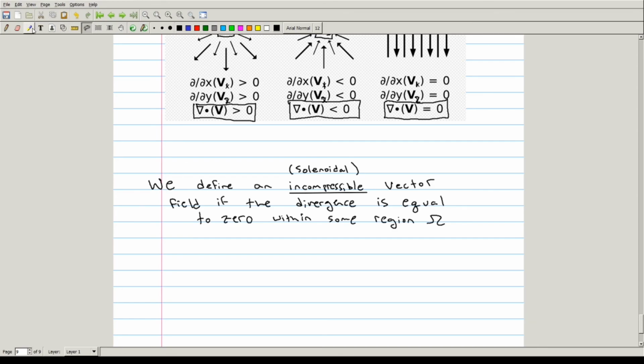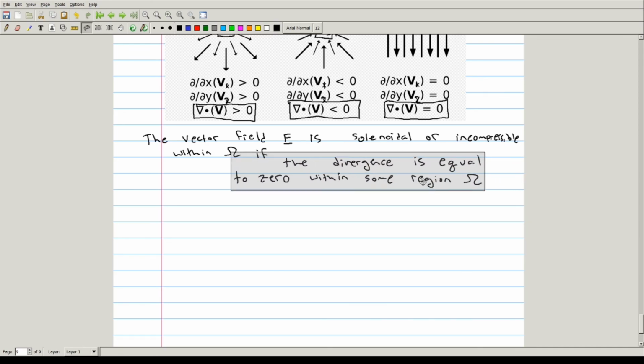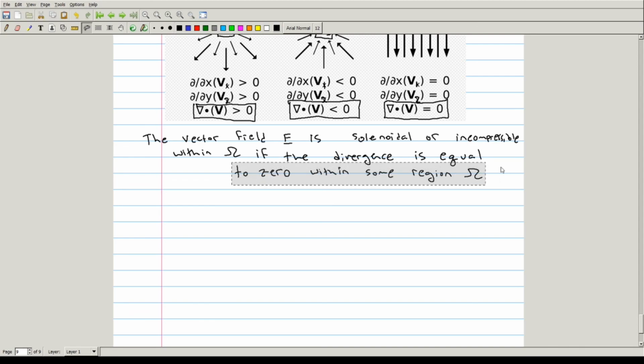So we say that the vector field F is solenoidal or incompressible within some region Omega if the divergence of the vector field is equal to 0 within the region Omega.